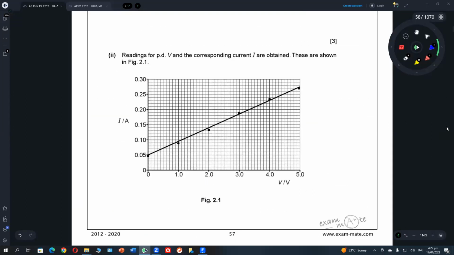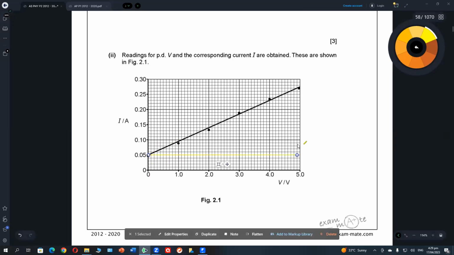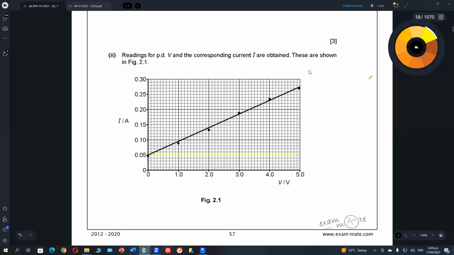Now you see this one. I can make a triangle or something like that. I'm stopping at one box before the last box.